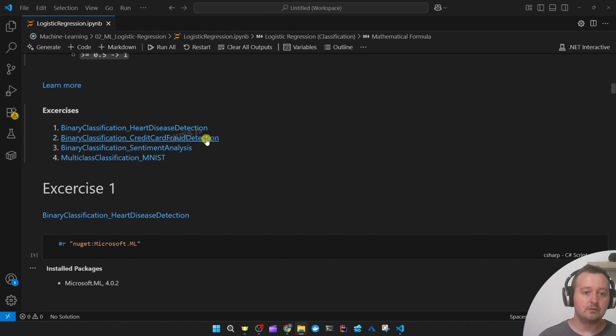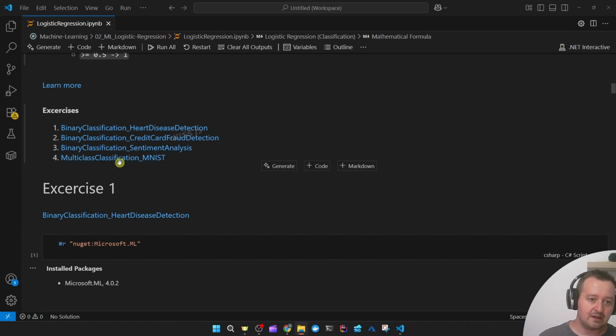It's based on behavior of the customer to try to detect fraud. Then binary classification of sentiment analysis is turning those blobs of text, which are reviews, into representational values, and then figuring out which ones are positive and which ones aren't. I would definitely, if I were you, check this one out, the binary classification.